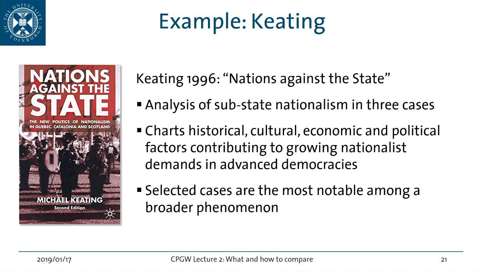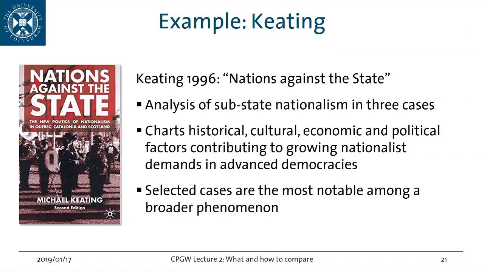One example, I don't think I put this in the reading list, but it's still a good book. It's a seminal book. It's a very important book, very widely read, Michael Keating's Nations Against the State, in which he discusses a couple of instances in which there are clear subnational entities or territories that are trying to achieve some level of independence from the nation state that is on top of them.